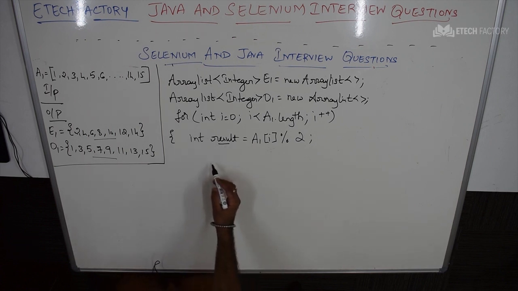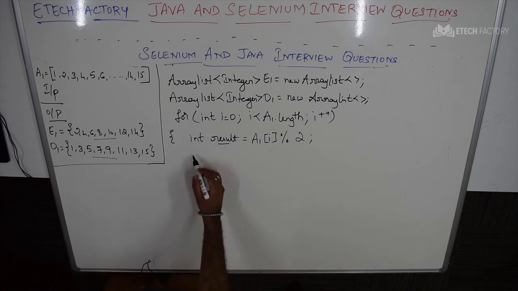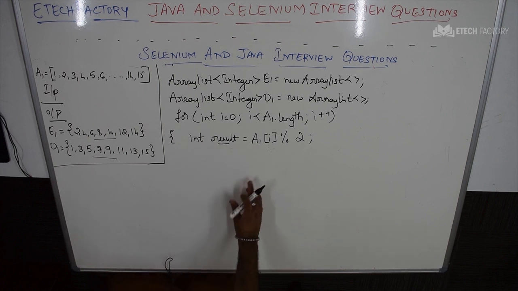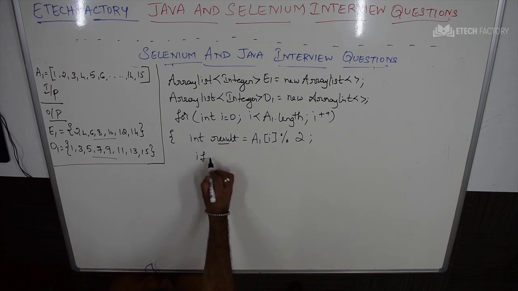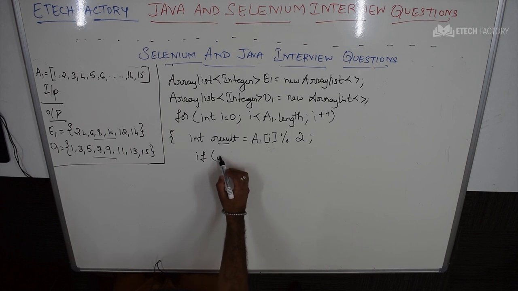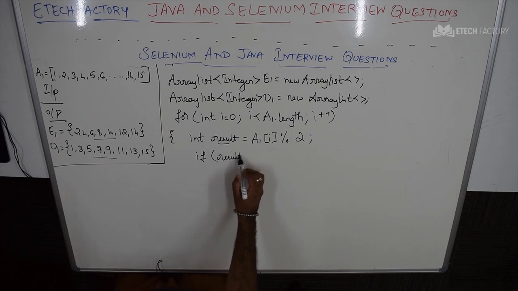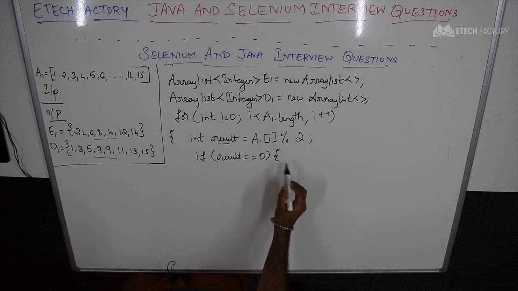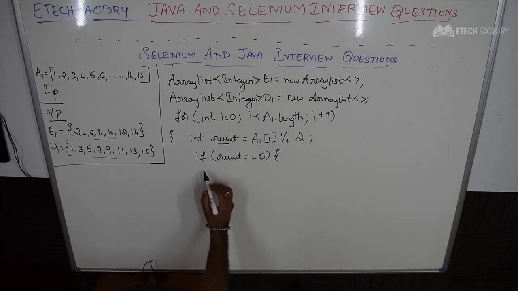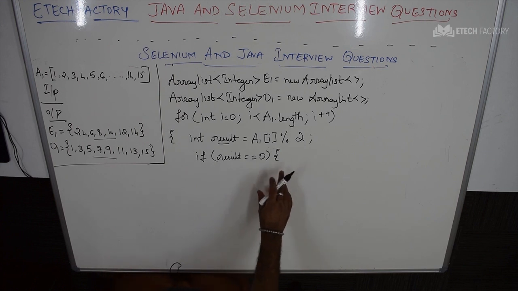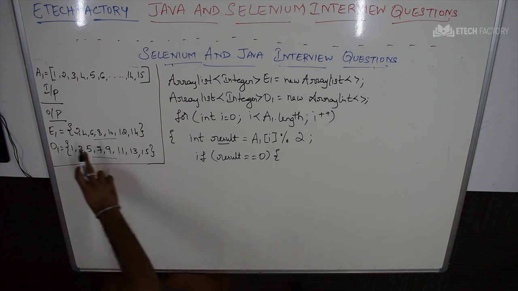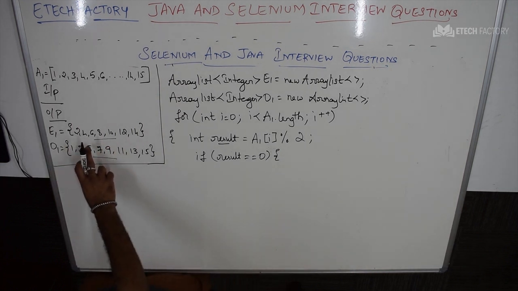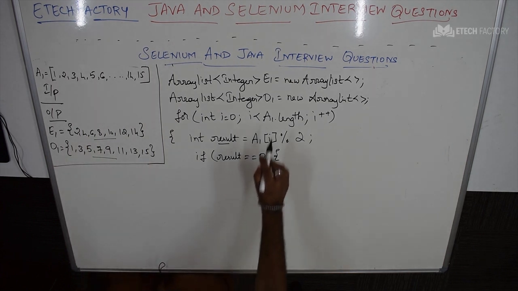Okay, so now the next thing is I am supposed to check whether that result is equal to 0 or not. For that I am going to use an if condition: result equals 0. If this is true, then I am going to add that particular number to my array list, which is going to be used for the even numbers, that is E1.